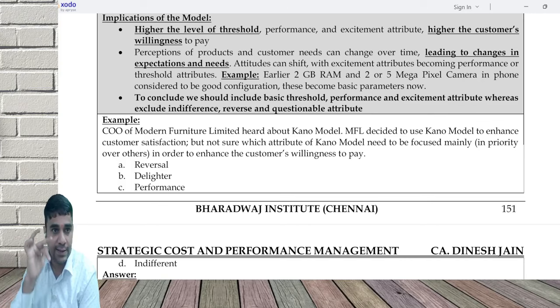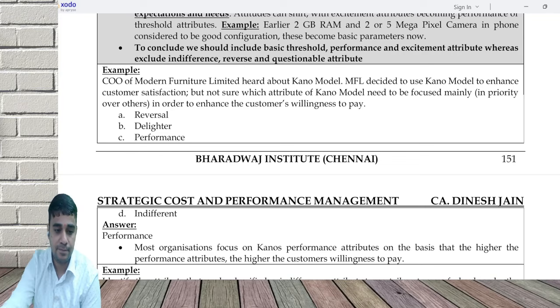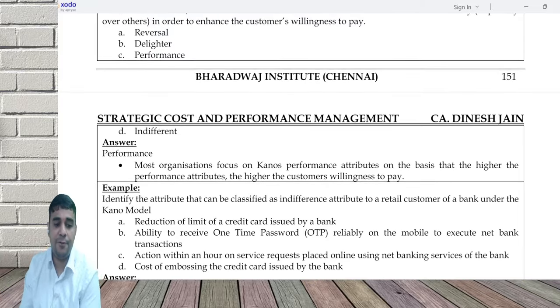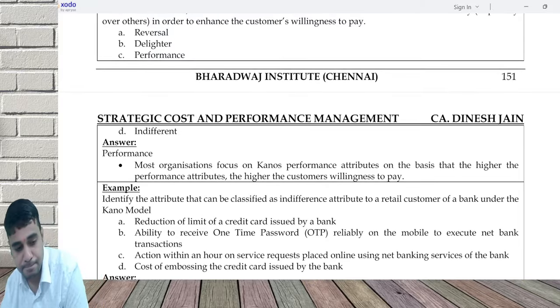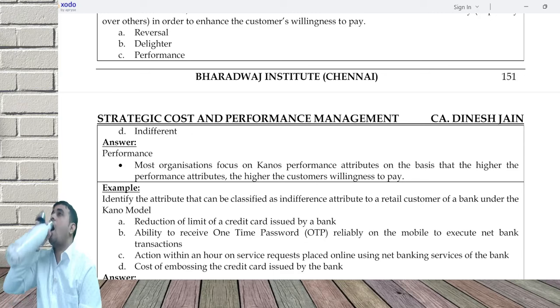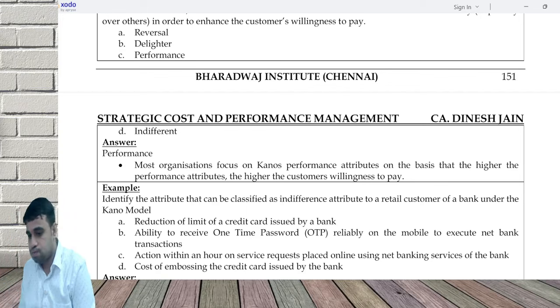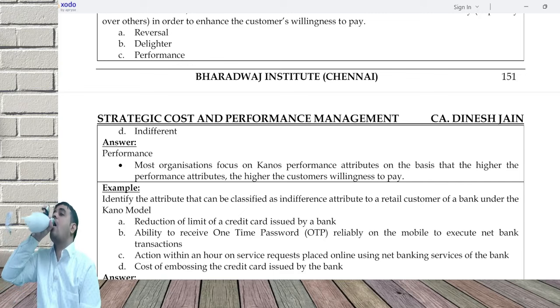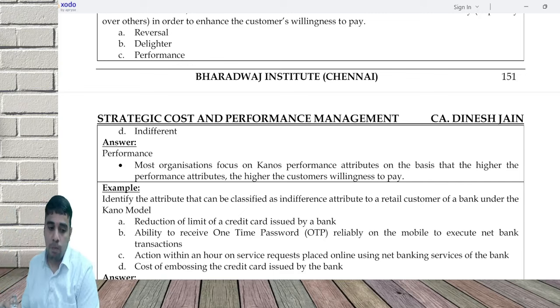First is threshold, second is performance, third is delighter. Indifference: which of these is indifference? Something which does not make any difference to you.